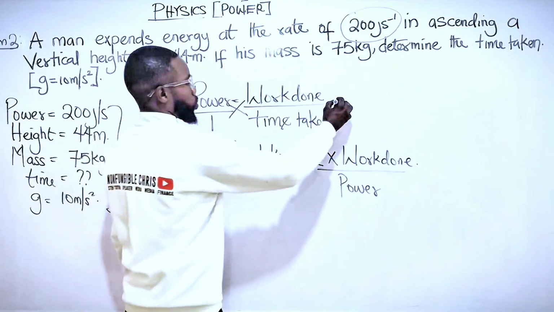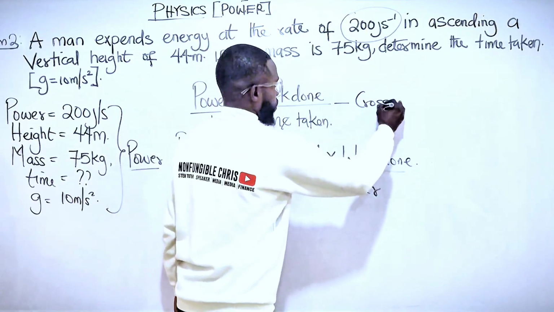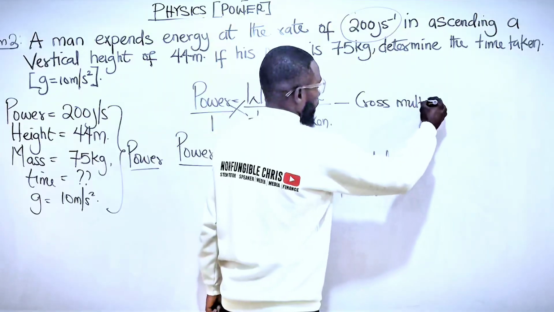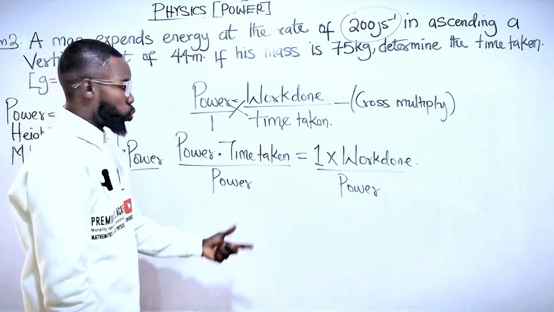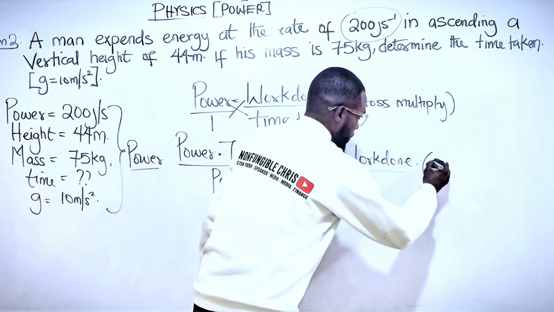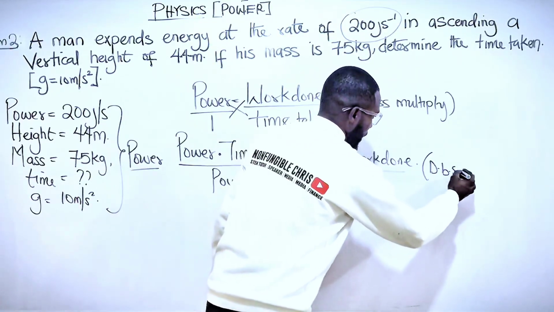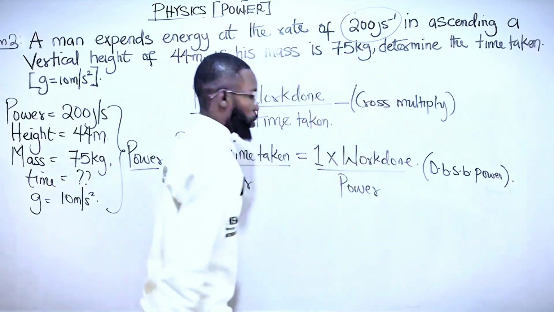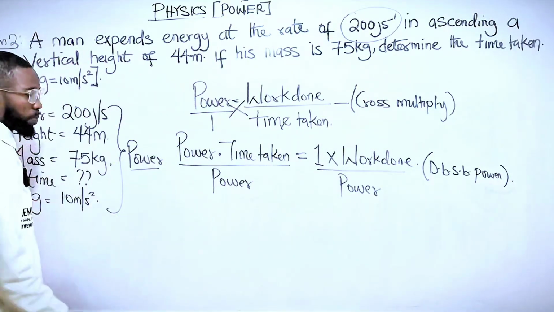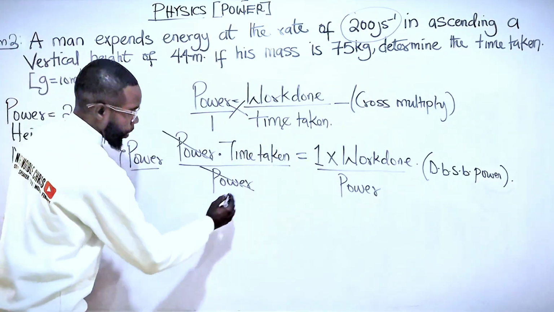So step 1 is to cross multiply. Step 2 is to divide both sides by power. Why are we dividing both sides by power? So that the power here can cancel out the power here.